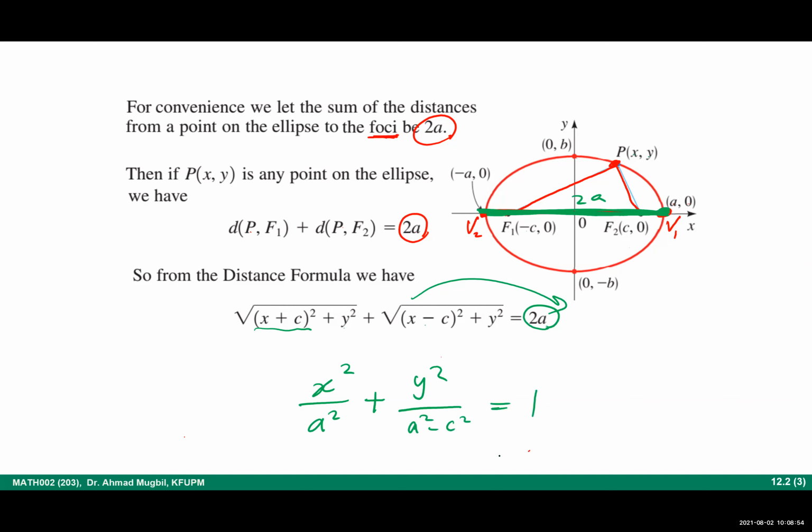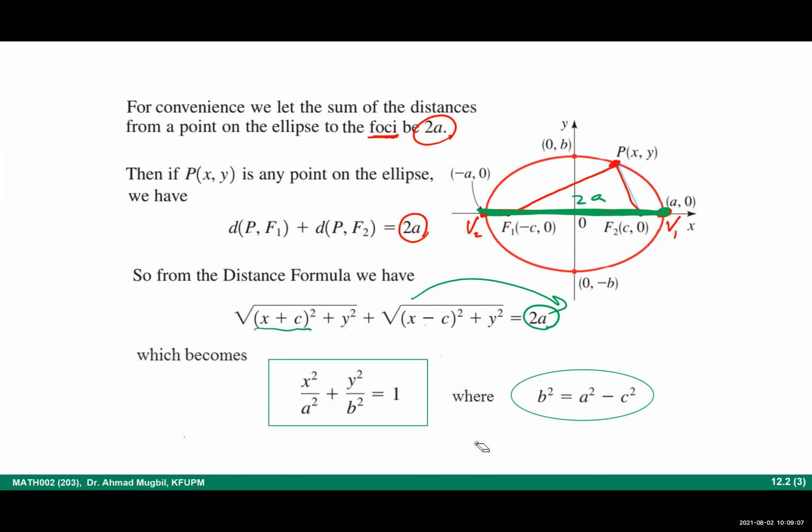This is what you will get at the end. We will call this, ya shabab, b squared, where b squared is a squared minus c squared, after the simplification. This equation now is the equation of this ellipse.